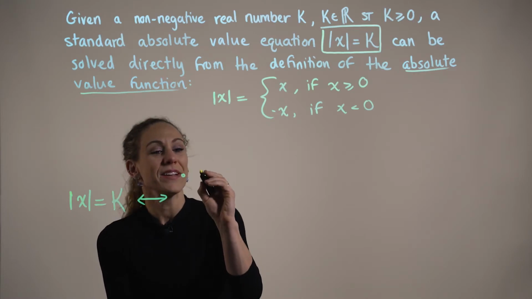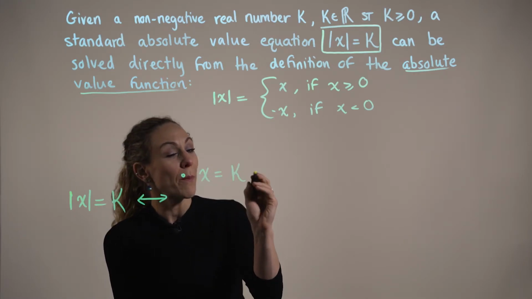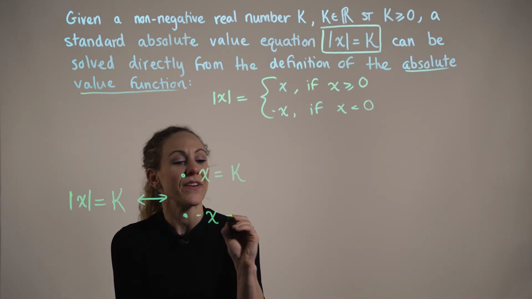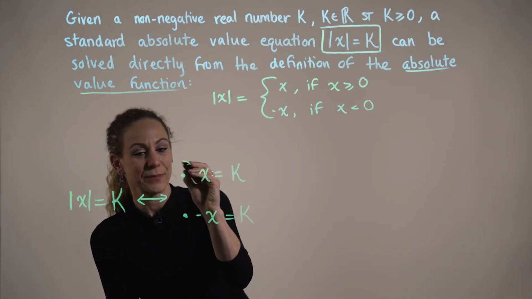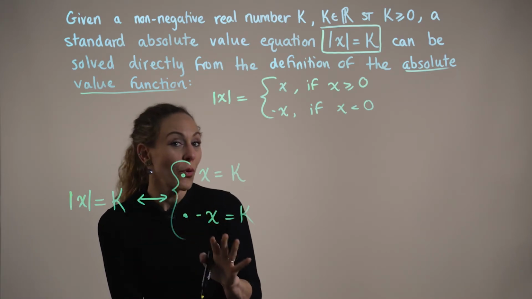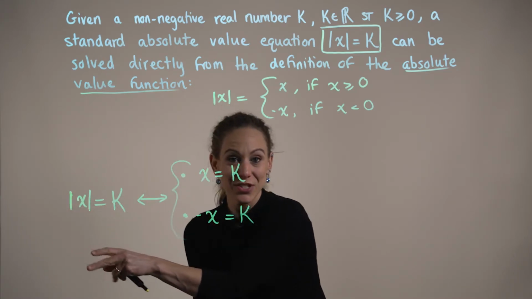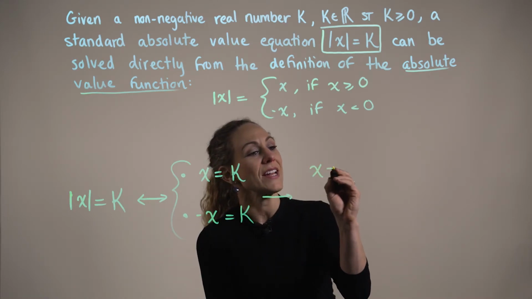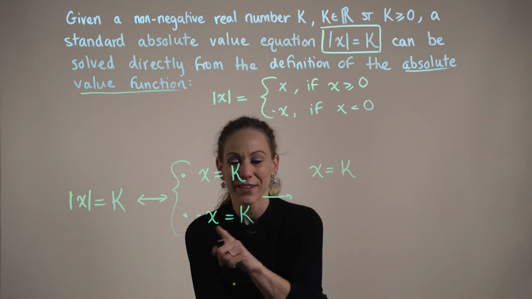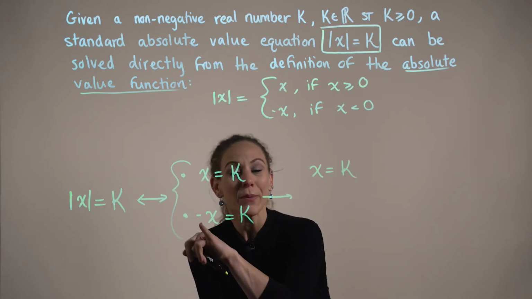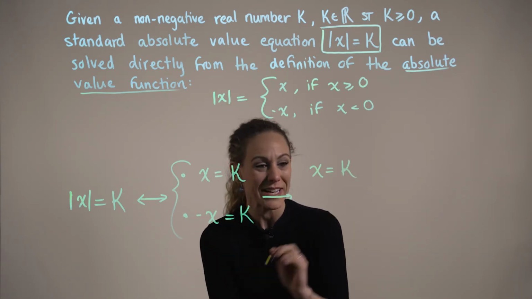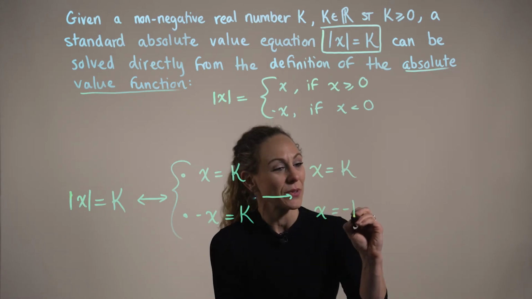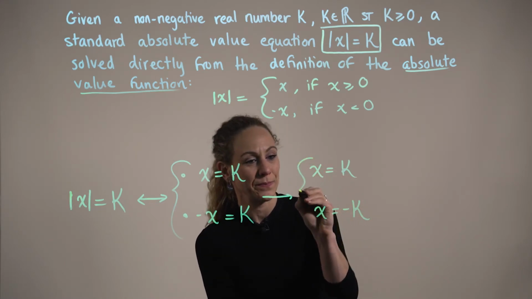Case 1 is where x is equal to positive k, and case 2 is where negative x is equal to positive k. Of course, we'll keep in mind that the goal here is to solve for x. While case 1 is all set, x is equal to positive k, with case 2 we want to divide both sides by negative 1 to isolate that x, leaving us with x is equal to minus k.